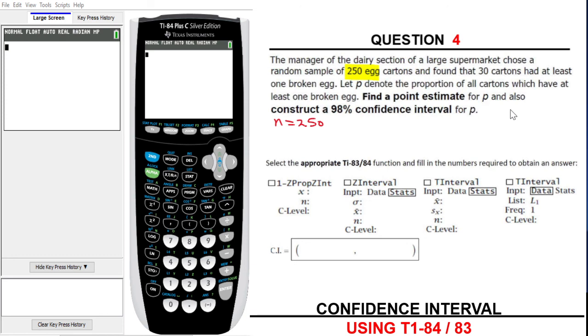So you would see that there was some inspection that went on, and the investigator was interested in counting particularly the cartons that had at least one broken egg.